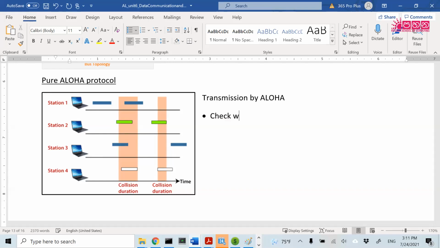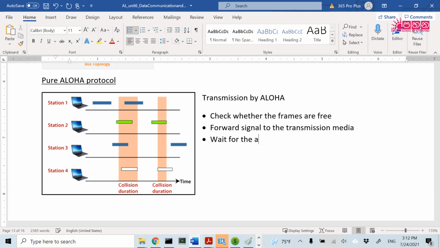The first one, check whether the frames are free. Forward frames or signal to the transmission. Wait for the acknowledgement.